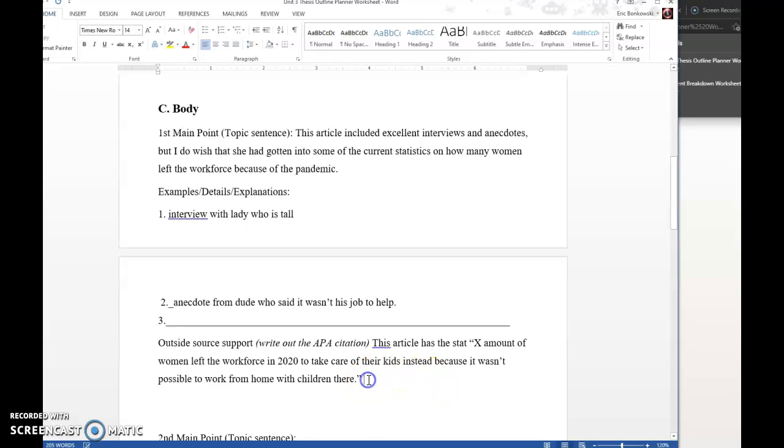So then I have this quote, and then I have the APA citation from my other source. So I'm going to say, I don't know, I'm, again, making it all up.